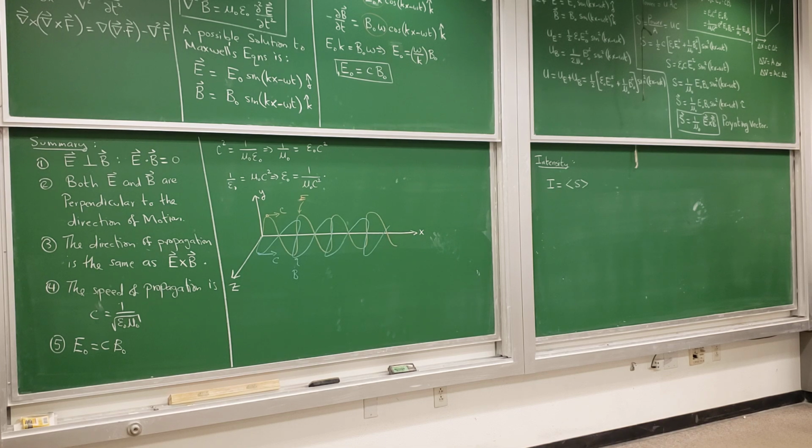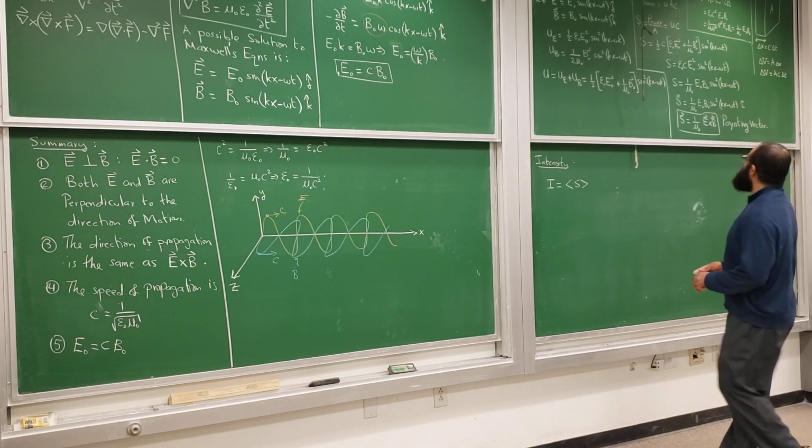And you can prove it: the average of a function over a period would be 1 over 2 pi, the integral from 0 to 2 pi of sine squared dt. You will get a half. But the quick way is it is a half.